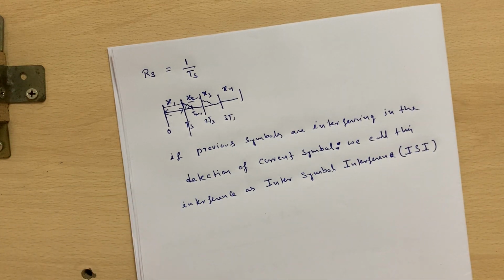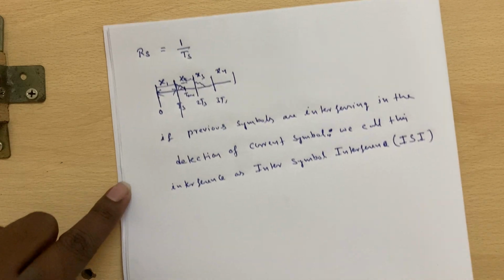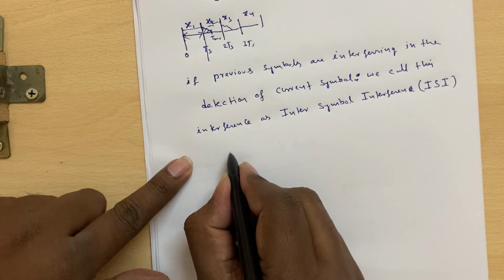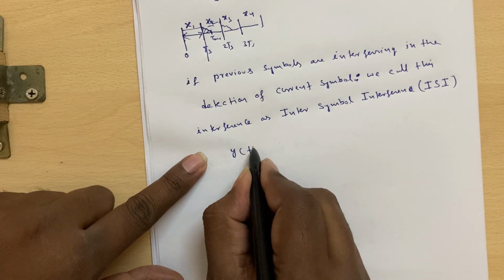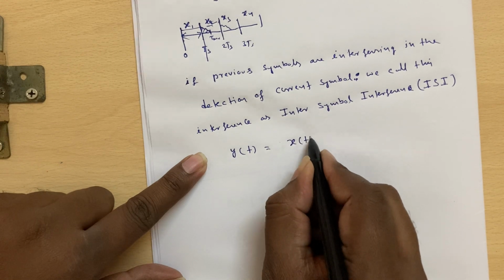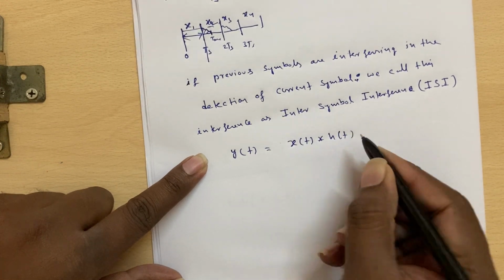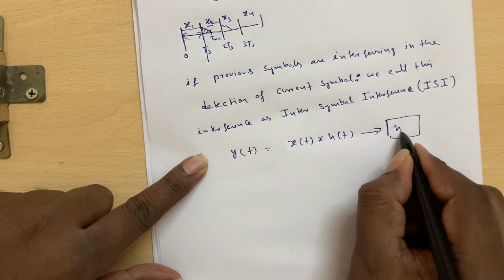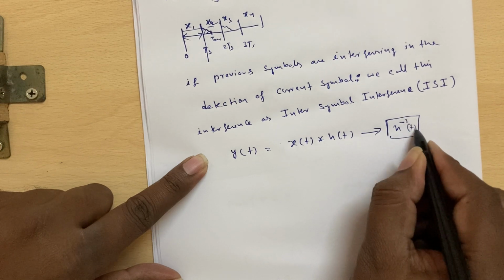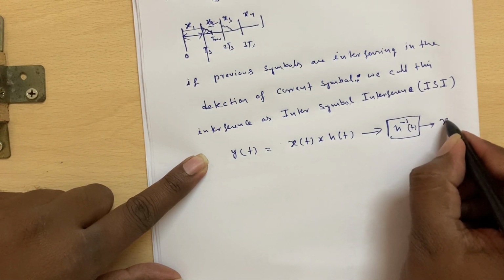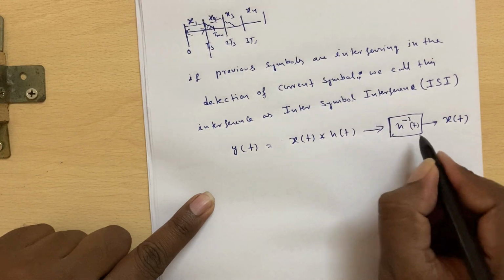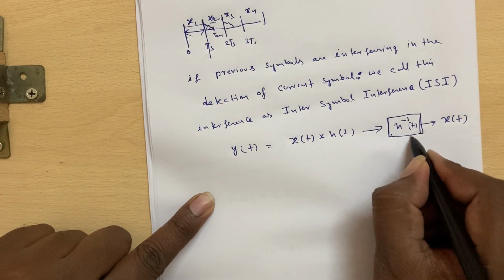So how do you mitigate or avoid this inter-symbol interference? What you can do with complex receivers: y of t is equal to x of t convolved with h of t, and you apply an inverse system to this impulse response, which will deconvolve this operation and get back x of t. In this way you can avoid ISI, but that requires this inverse system, and that inverse system will depend on the channel impulse response.